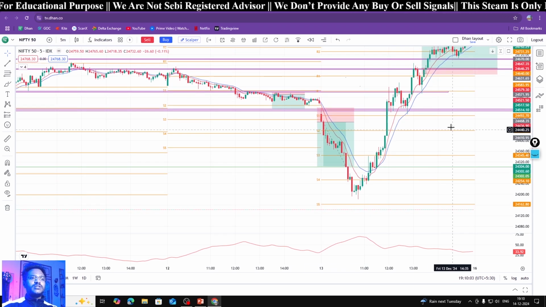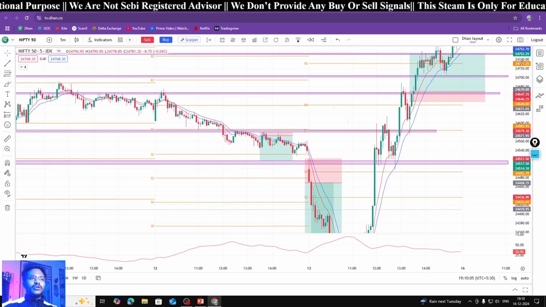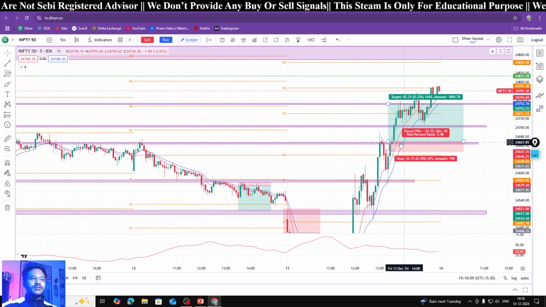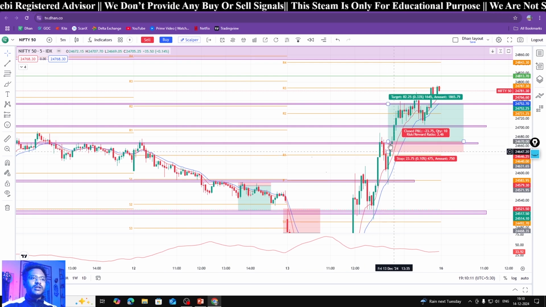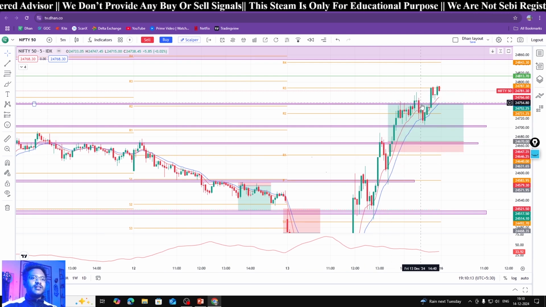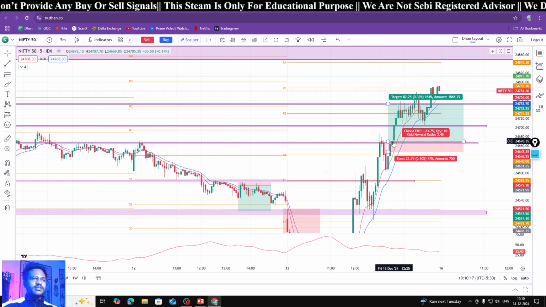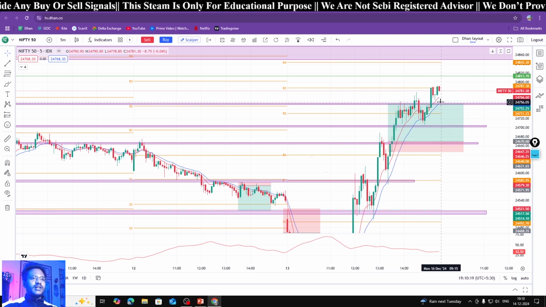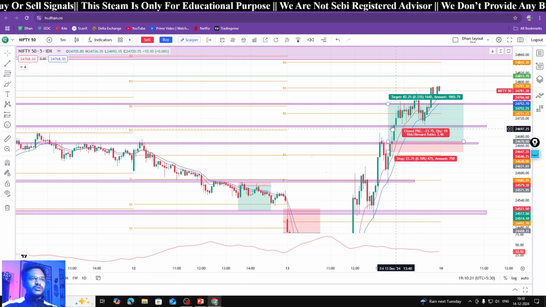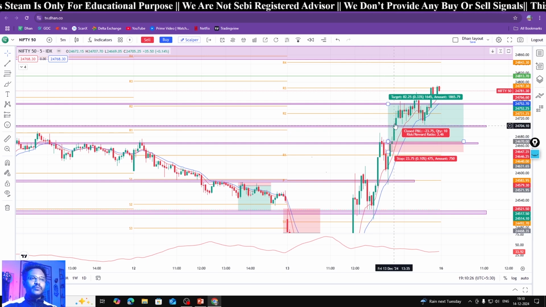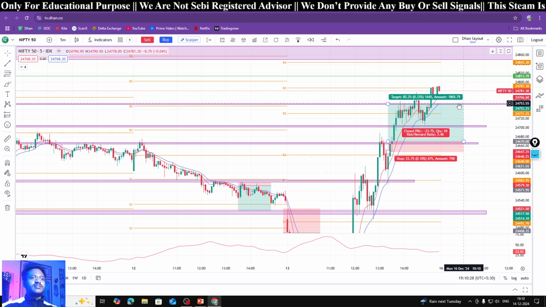Again, here also I had told you once this major resistance level has been broken, we could expect our target till the next resistance. Similarly, once this level was broken, we achieved our target. Here also there was a small resistance, but it was not strong enough, so we were able to break through and go till the next resistance.